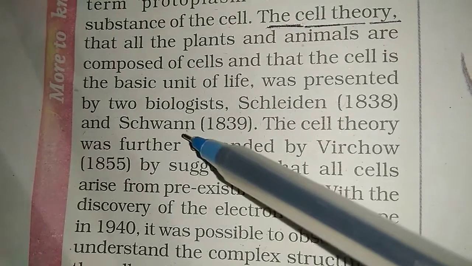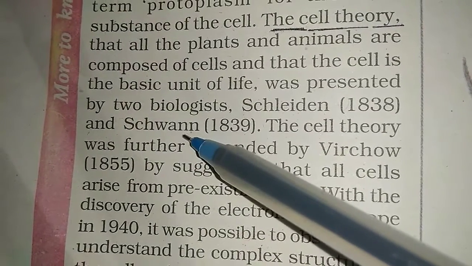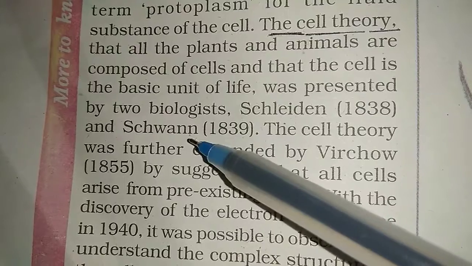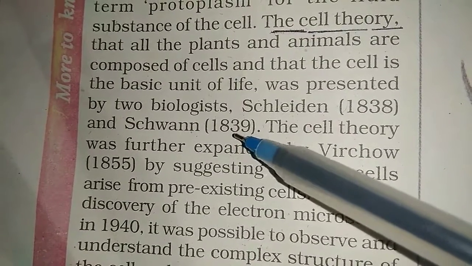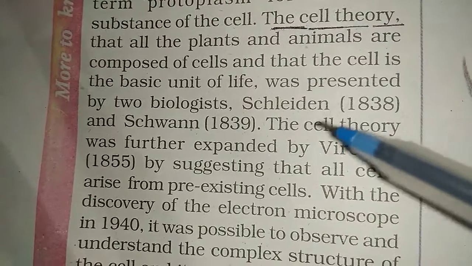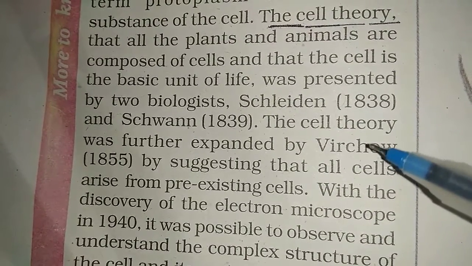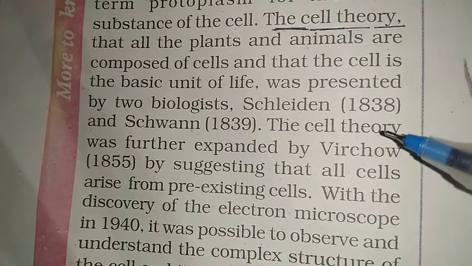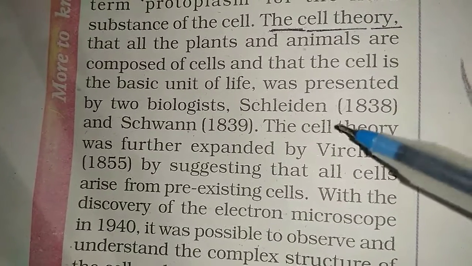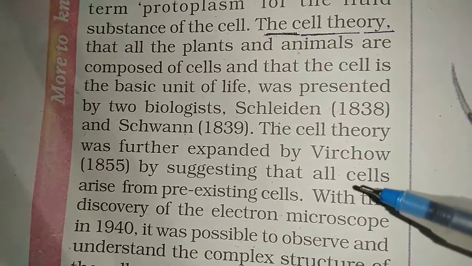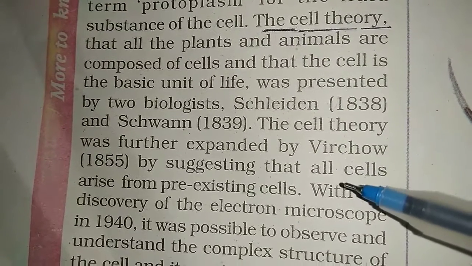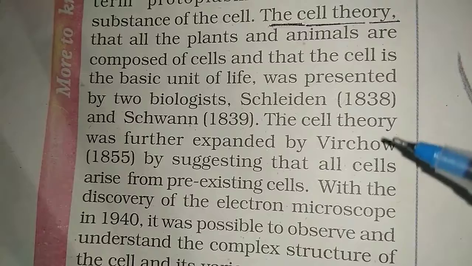And after that, Schwann, the zoologist, said that all animals are made up of cells. So from their conclusions, we get the cell theory, which says that all living organisms, plants and animals, are made up of cells.